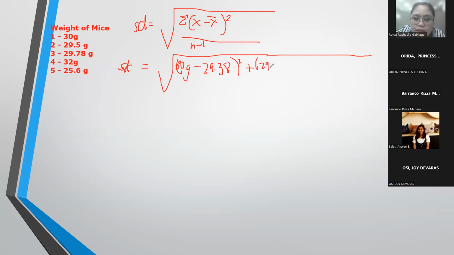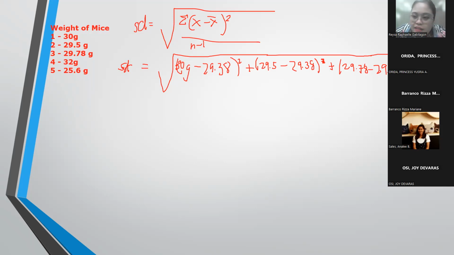So 29.5 minus 29.38, squared. Plus, what's next? 29.78 minus 29.38, the mean, and then again, squared.